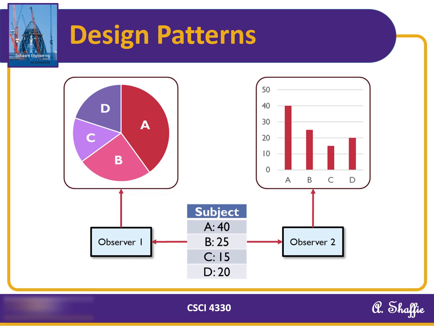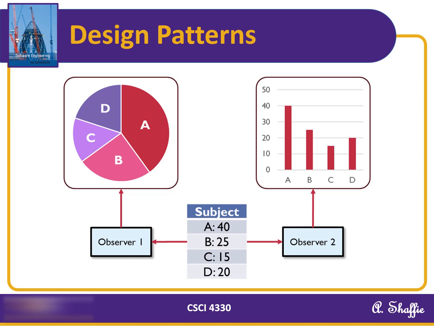A pie chart for observer 1 and a bar chart for observer 2. This setup highlights the flexibility of the observer pattern. The subject does not need to know how the observers represent the data. It simply sends updates. This makes it easy to add or modify observers without changing the subject itself.